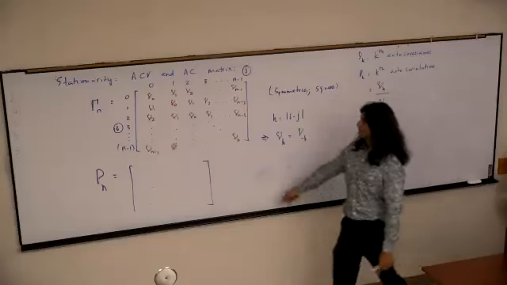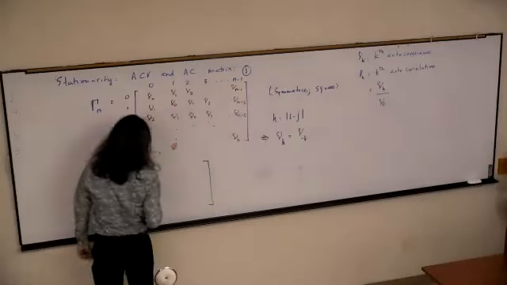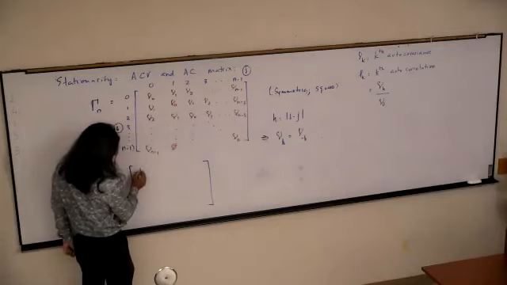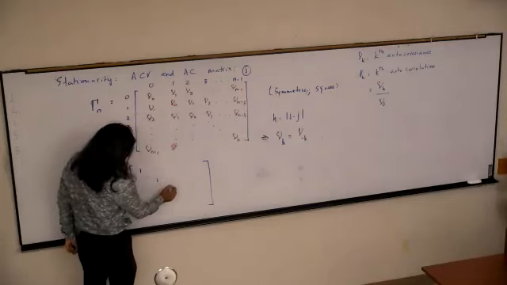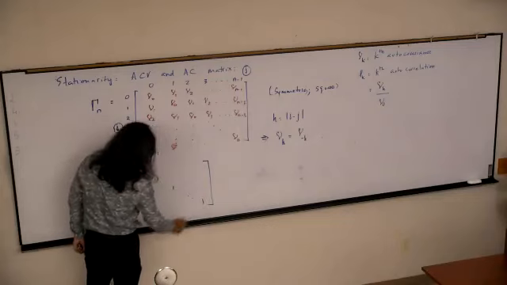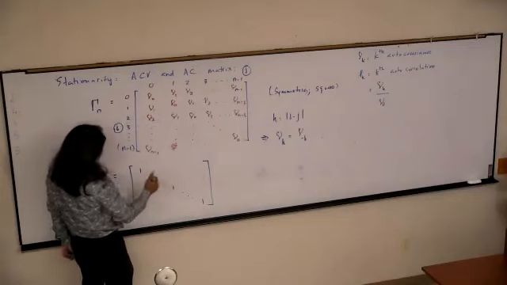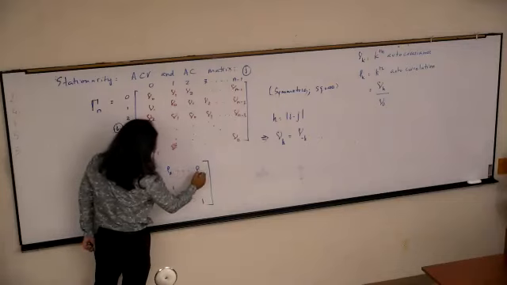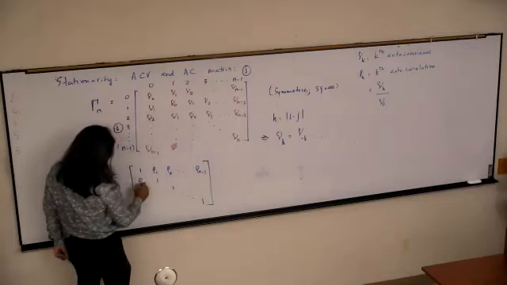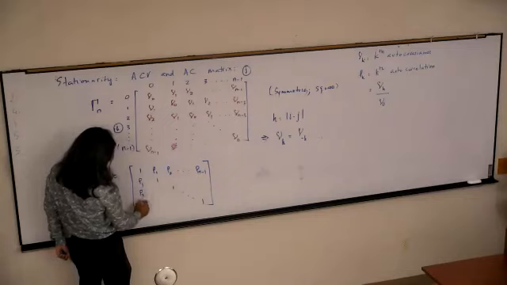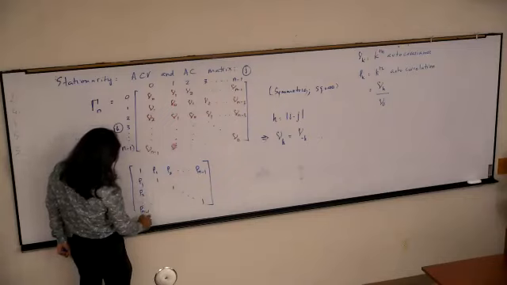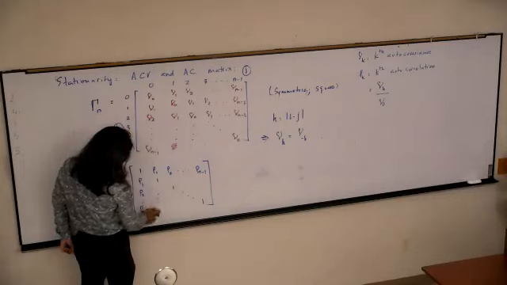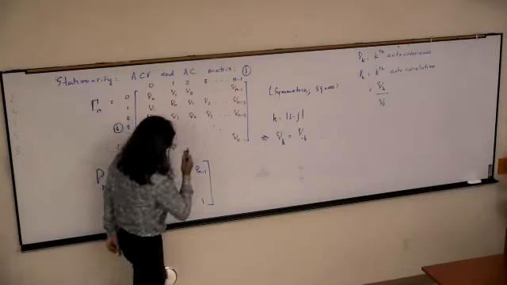If I simply derive this, I'd end up getting 1, 1, 1, dot, dot, dot, 1. The rest: rho 1, rho 2, dot, dot, dot, rho n minus 1, rho 1, rho 2, dot, dot, dot, rho n minus 1. And that's it.